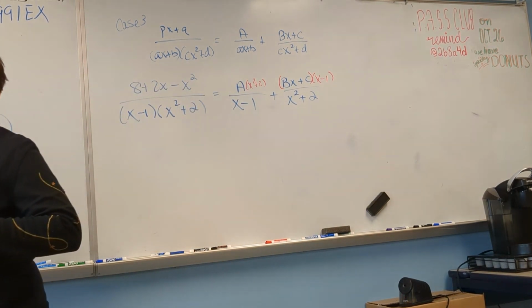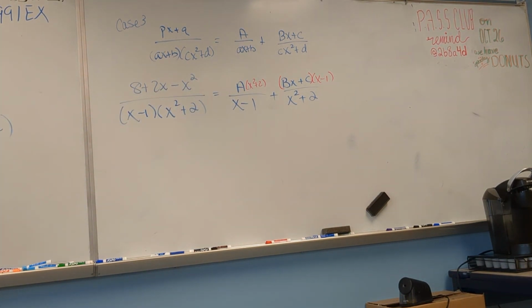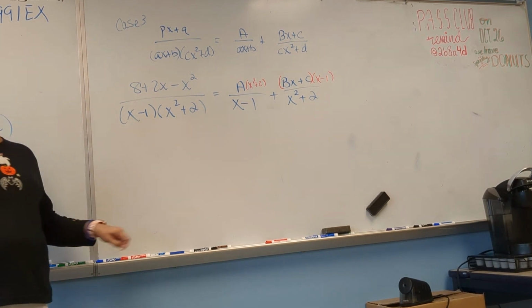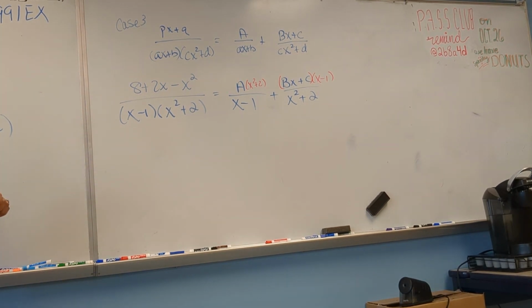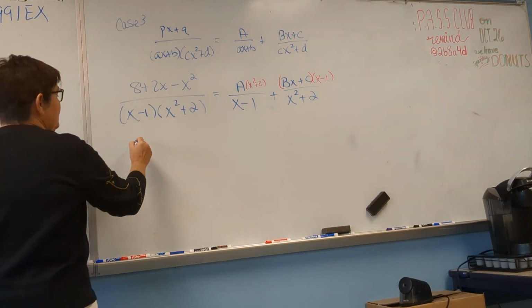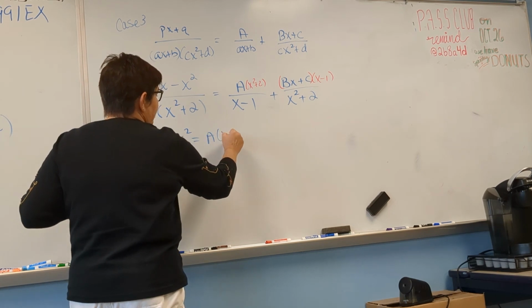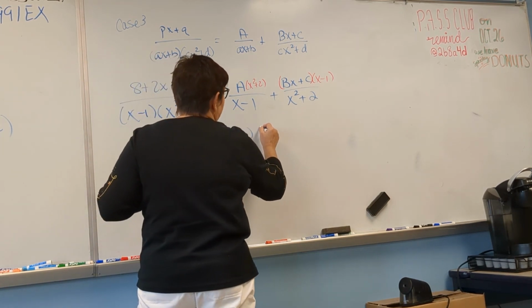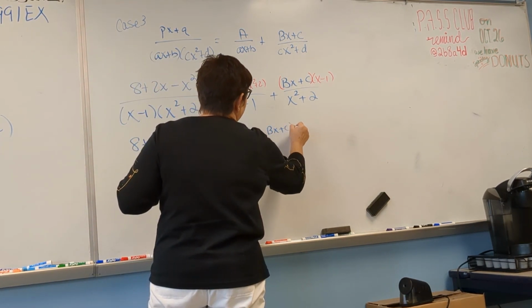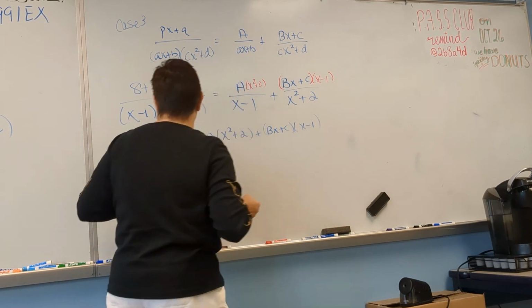Why would I do that? So you end up distributing if you have to. So you don't think it's just c times x minus 1. You see the difference? Okay, so my new guy is 8 plus 2x minus x squared equals a times x squared plus 2, plus bx plus c in parentheses times x minus 1.